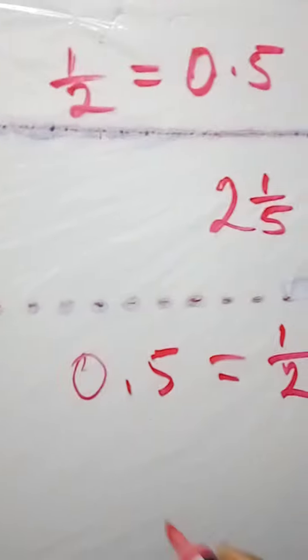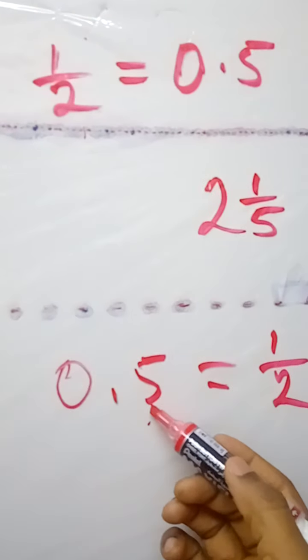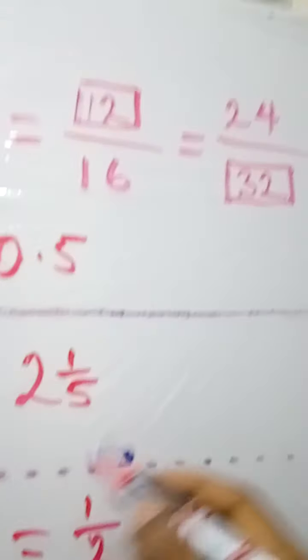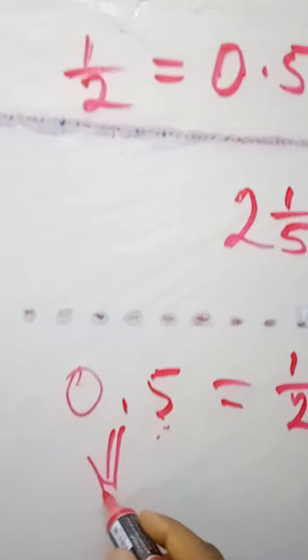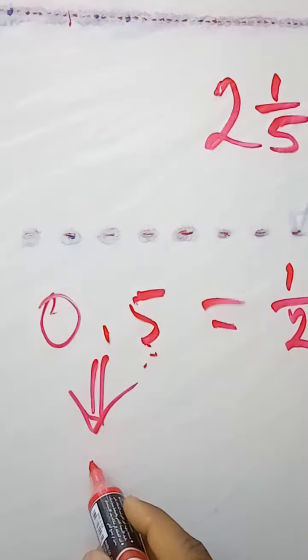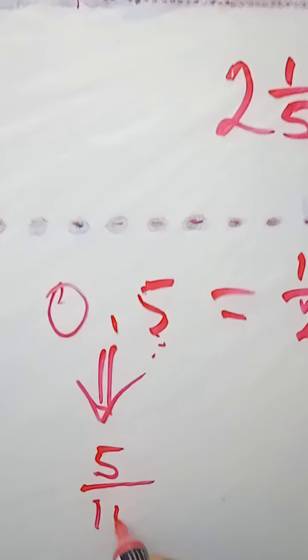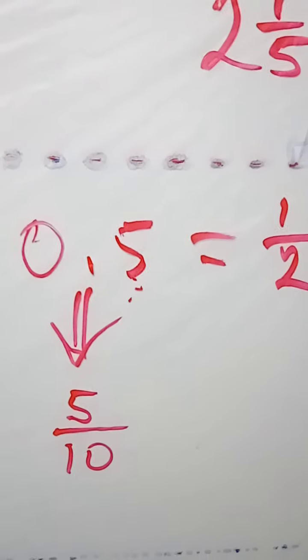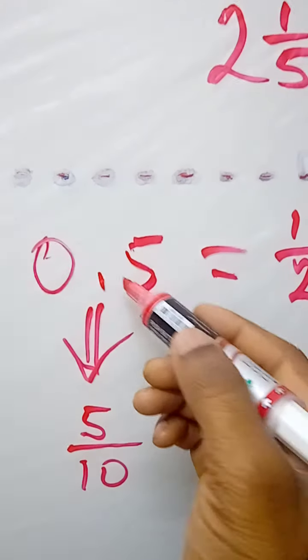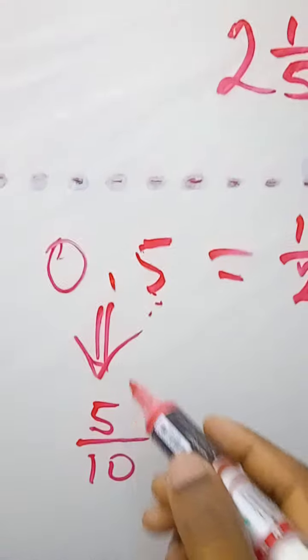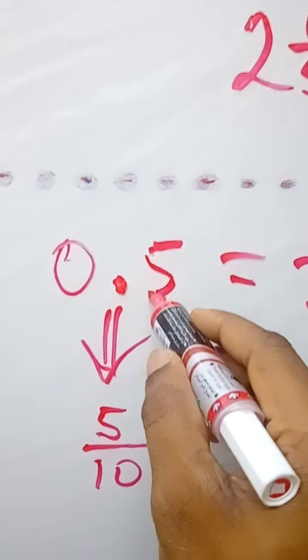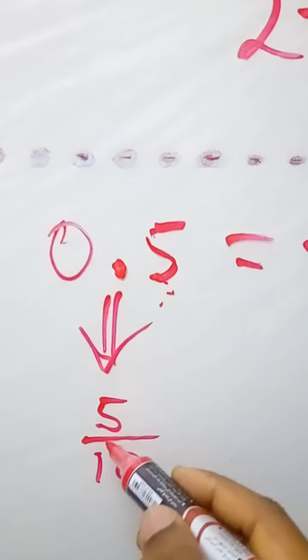In decimals, if we have one digit, pick the number and put it over 10. For example, 0.5: pick the number after the decimal point, 5. Because it is one digit after the decimal point, it is over 10. So we say 5 over 10.